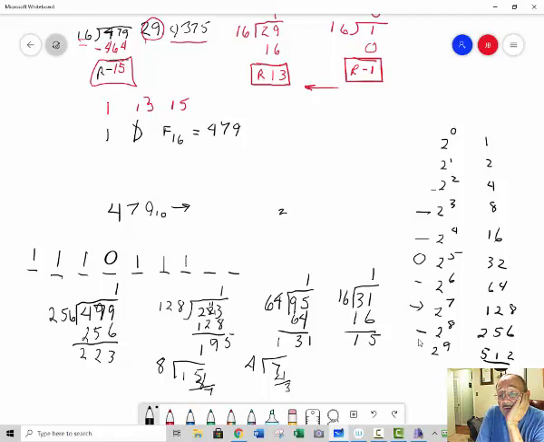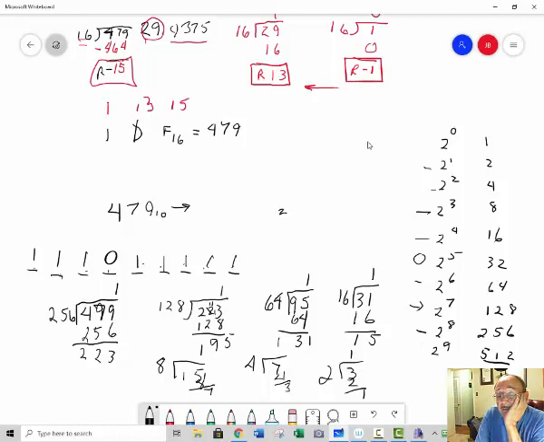So I got a 4. Alright, how about 3? 3 divides by 2. So I get a 2. And I have a remainder of 1. So 479 is this digit right here. Keep in mind, this is 2 to the 0, 2 to the 1st, 2 to the 2nd, 2 to the 3rd, 2 to the 4th, 2 to the 5th, 6, 7, 8.